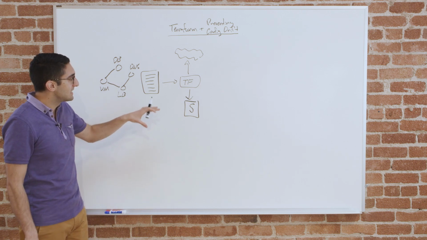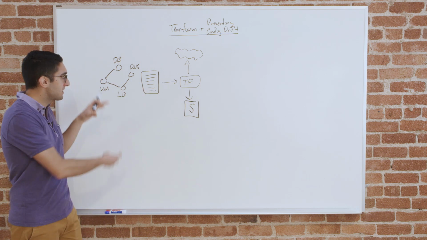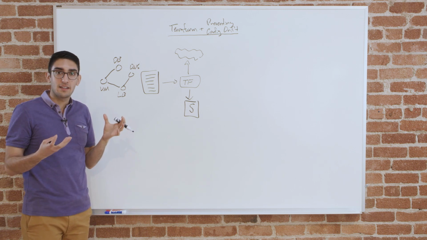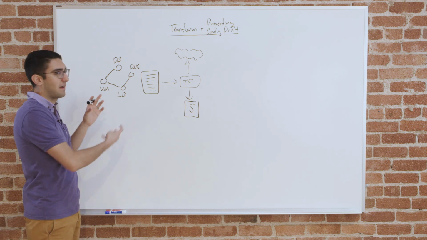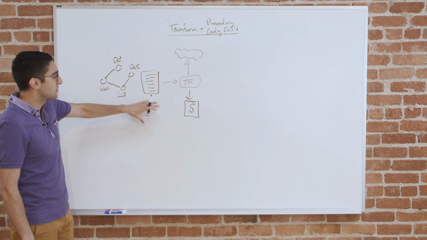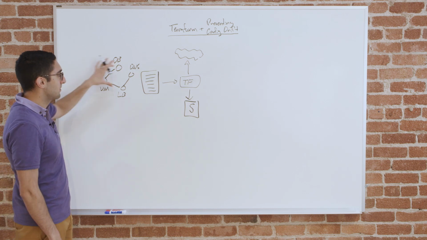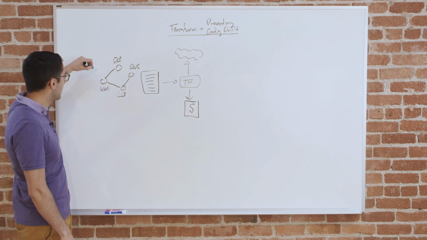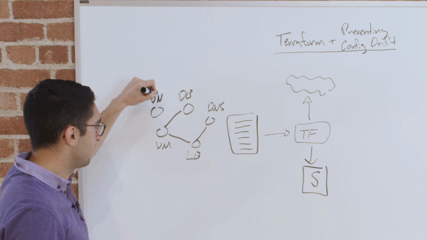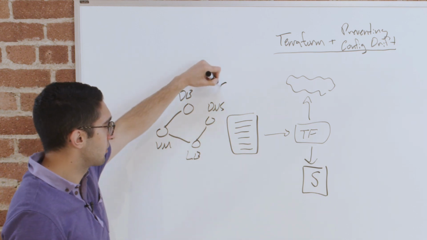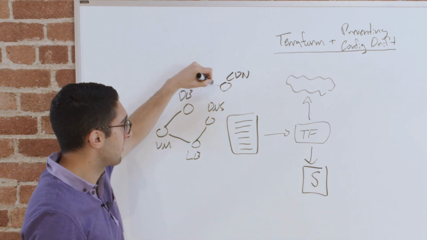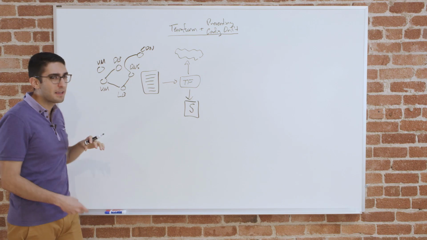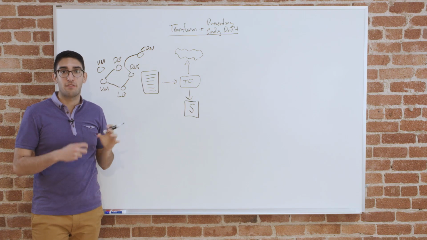So as we get to a day two setting, this infrastructure already exists. We created it day one, but now we're going to modify it. And we might modify it in two different ways. One way is we actually modify the code definition. We realize, actually, I need an additional VM, and I forgot I should put a CDN in front of my DNS record. So I'm going to make some changes day two to my definition.